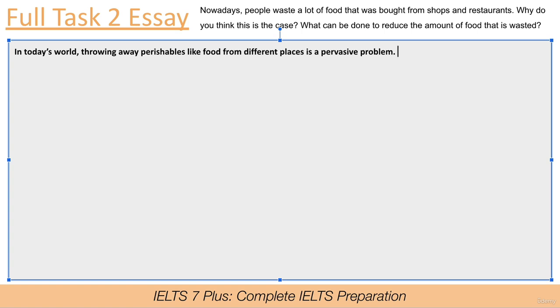In today's world, throwing away perishables like food from different places is a pervasive problem. Or maybe we could do better than different places. Throwing away perishables like food from supermarkets, maybe, and restaurants. Maybe we could say cafes. Is a pervasive problem. Okay.